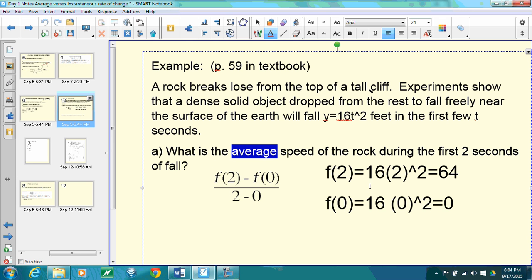I found my A and B over here by plugging into my Y formula, and then I would just subtract them. So 64 minus 0 divided by 2 minus 0, and obviously that would give us 64 divided by 2, which is 32, and then it's feet per second because we took feet and we divided by second.